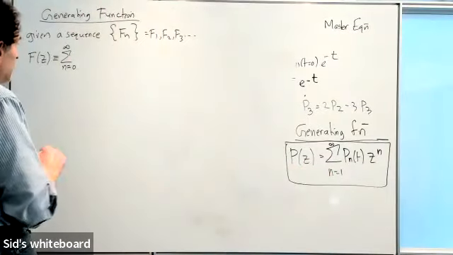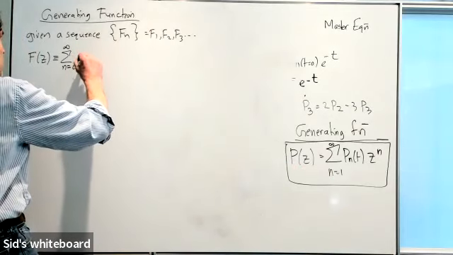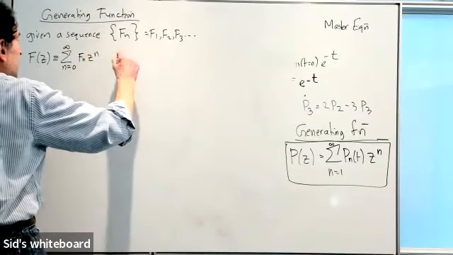Here I'm going to put it at 0, Fn z to the n. So this is called the generating function.